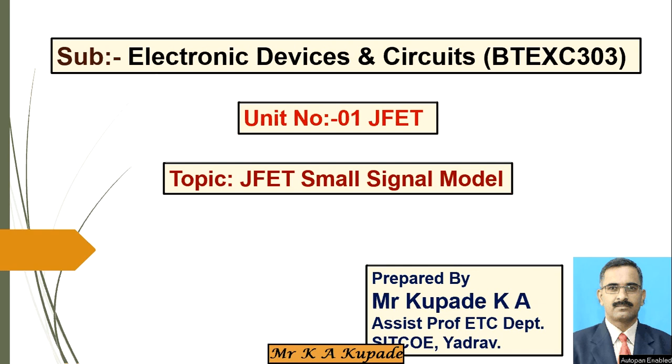In the JFET as an amplifier, we saw the R1 and R2 divider network. That divider network is biasing the gate junction, that means it is applying the reverse voltage to the gate junction, through that resistance divider network.